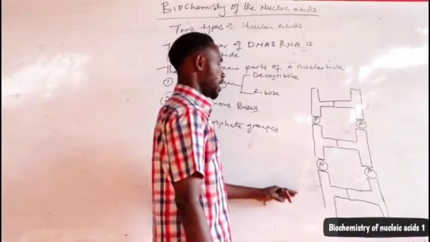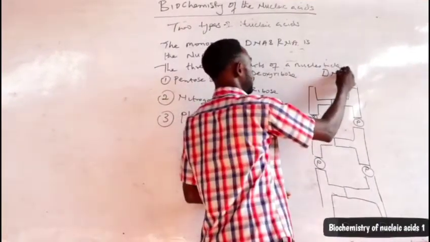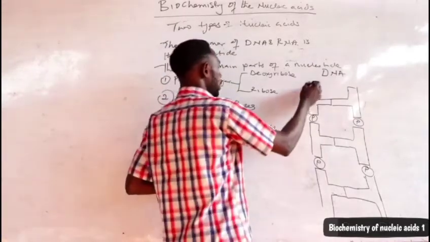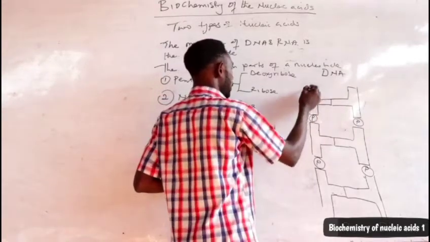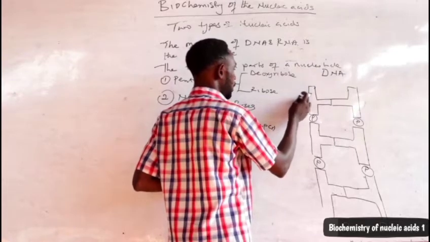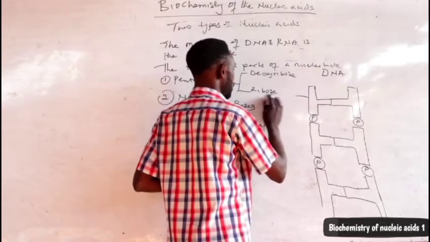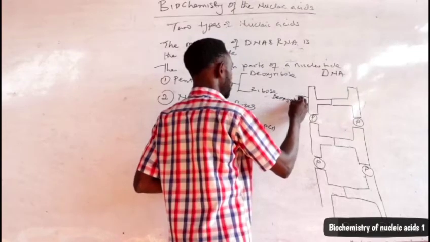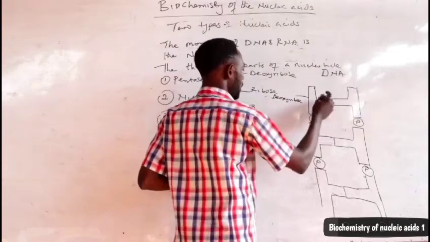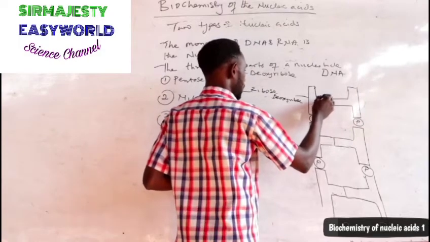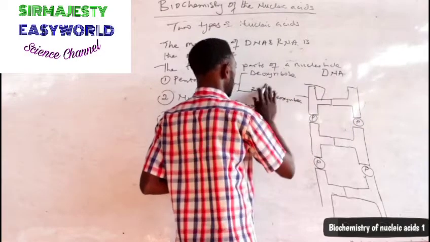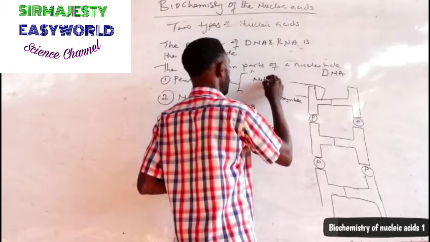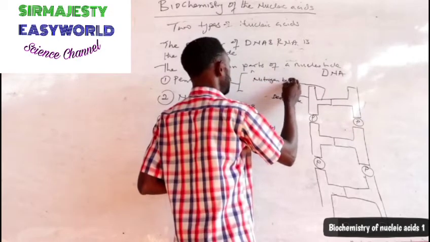So this is the DNA structure, whereby the three parts I mentioned are represented here. Here is the sugar. This is the phosphate. Sorry, this is the deoxyribose sugar. Even here, the deoxyribose. Then this part is the nitrogenous base, or the base.